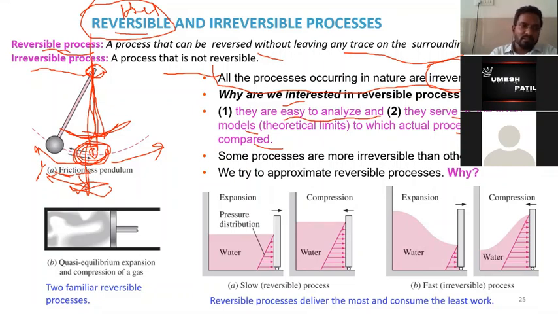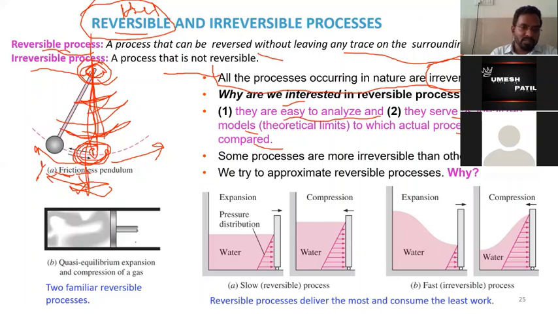The reason this happens is the friction over here. That friction will continuously keep absorbing some energy caused by this motion, and that friction will continuously oppose this motion, and because of that it will become stationary after a certain time. If this friction is not there, it will keep oscillating for infinite time, right?